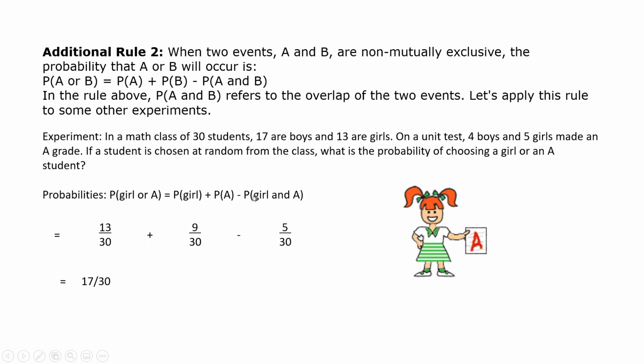And when we are also considering the fact that there is some overlapping, girls who also have an A grade out of all the class, we will subtract these 5 girls that have already got grade A out of 30, and we will get the answer 17 by 30. I hope you get my point.